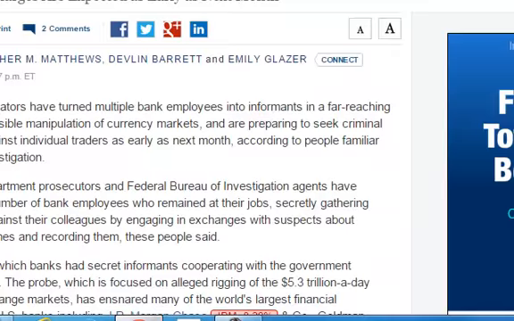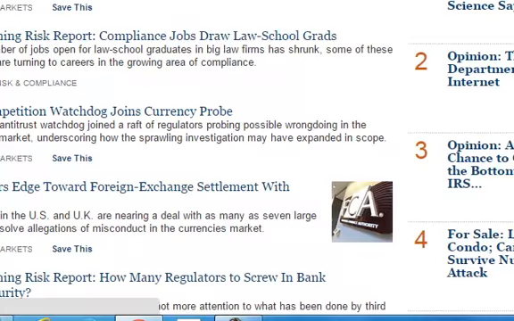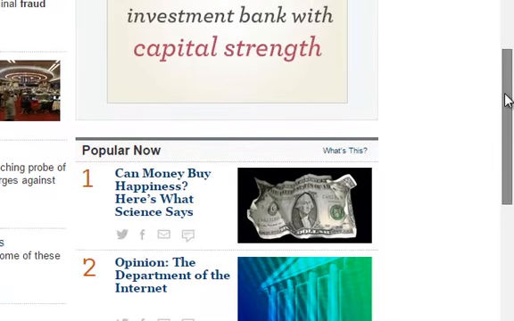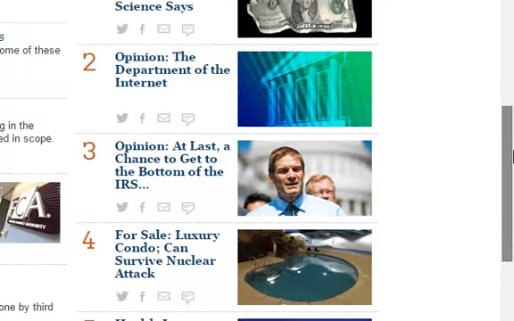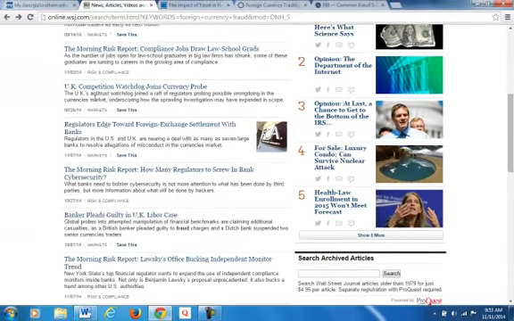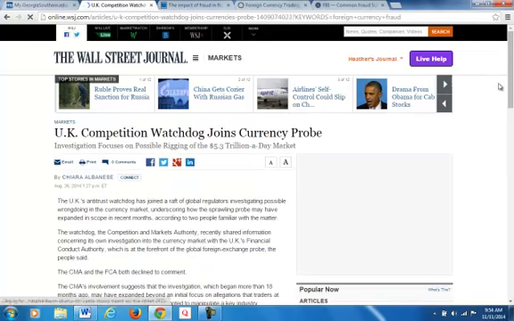I'm going back to the Wall Street Journal and seeing what other recent articles are available. There's an article about the UK competition watchdog joining the currency probe. This looks like a good article because it's international and is talking about the UK.